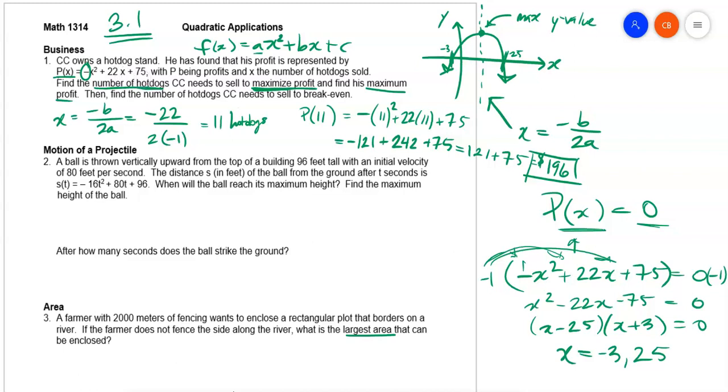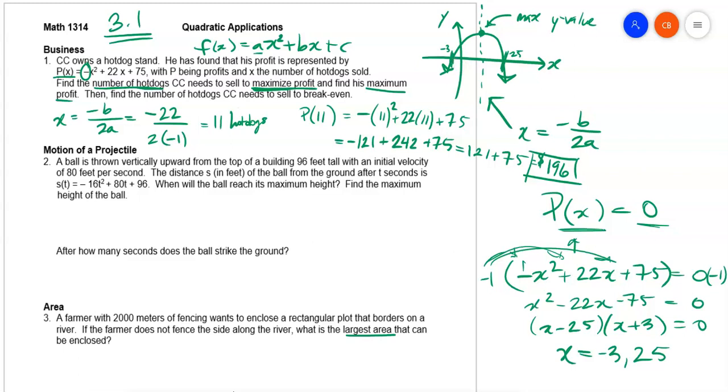So whoever this is, he's making $75 whenever he just sells 0 hot dogs, which I think means there is something wrong with this model, because there's no reason why somebody should make a profit before they even start selling any hot dogs.